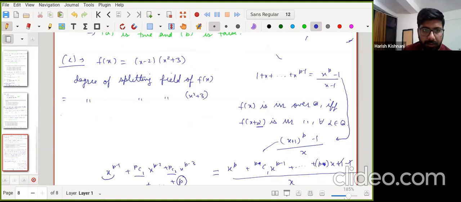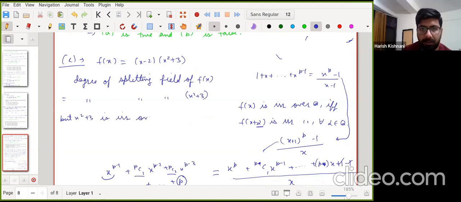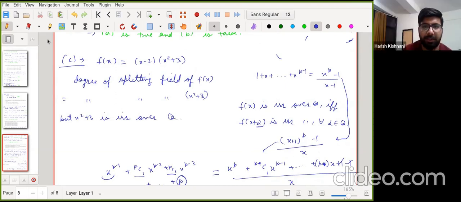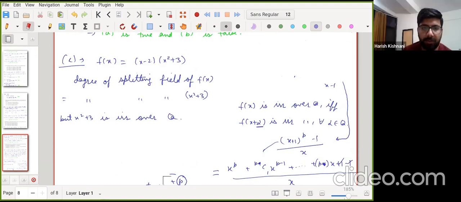But x square plus 3 is irreducible over Q. It has no roots, as you said, both the roots are outside Q. So what is the degree of this polynomial over Q?